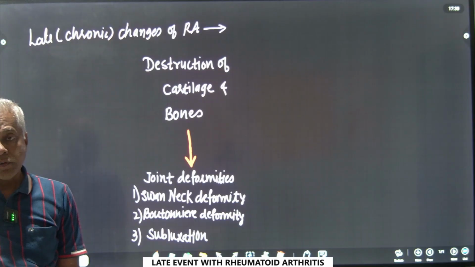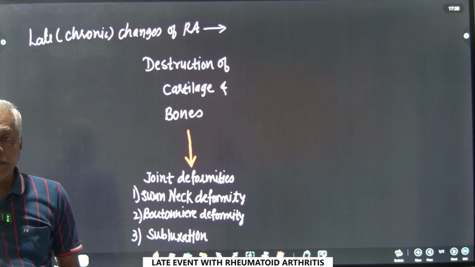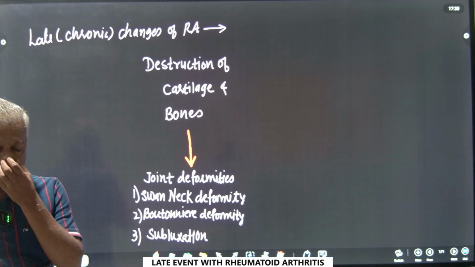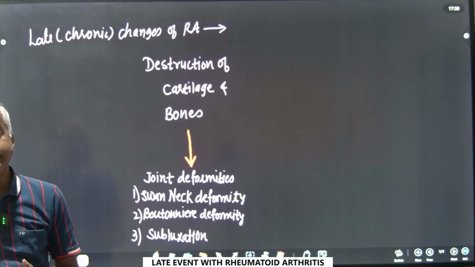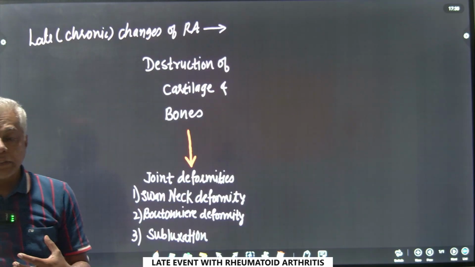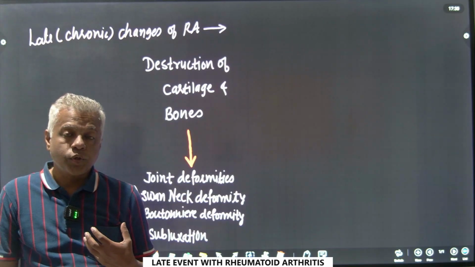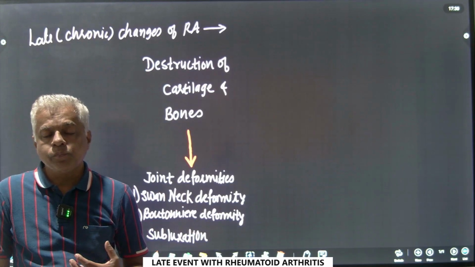So in the early phase or acute stage of the disease, there is an inflammation of the synovial membrane. Various events are taking place in the inflammation of the synovial membrane, and this is an important event in the acute phase of the disease.